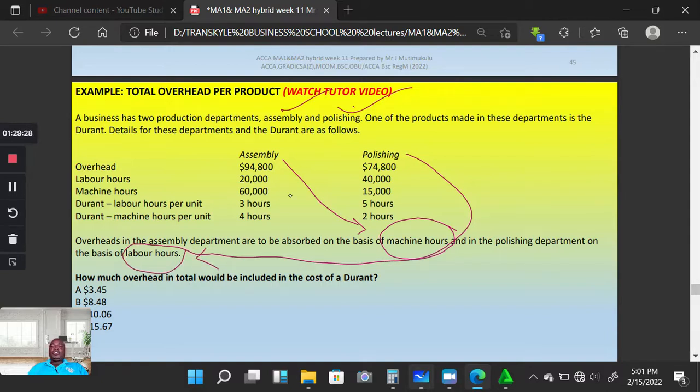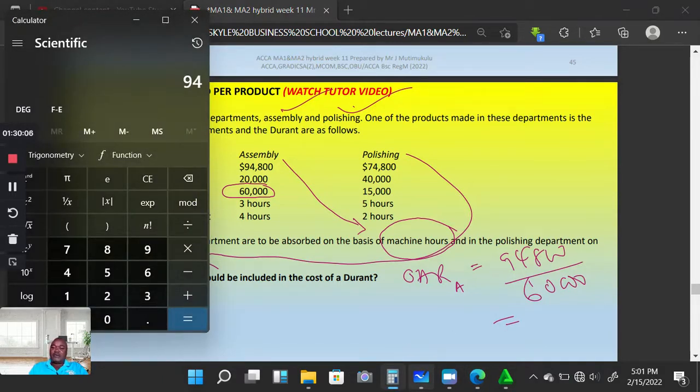So what happens is, how much overhead in total would be included in the cost of a Durant? We are being asked indirectly about the OAR, the overhead absorption rate. The overhead absorption rate for the assembly department is the total overhead, 94,800, divided by machine hours, 60,000.